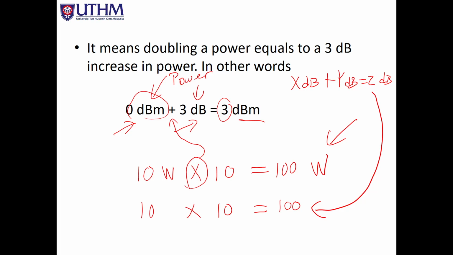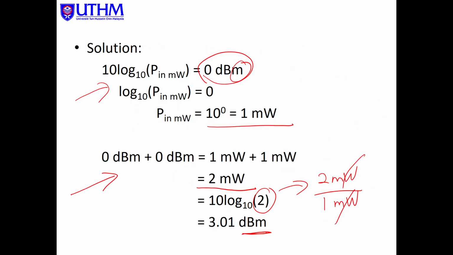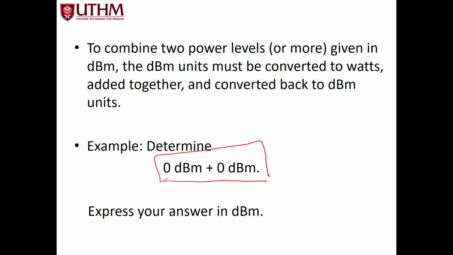Okay, in this case we can do direct summation because one is in terms of power, another one is a value without a unit. This is different from the previous slide, because that one was power and power, in terms of milliwatt.